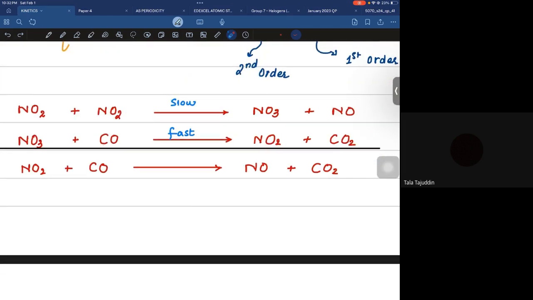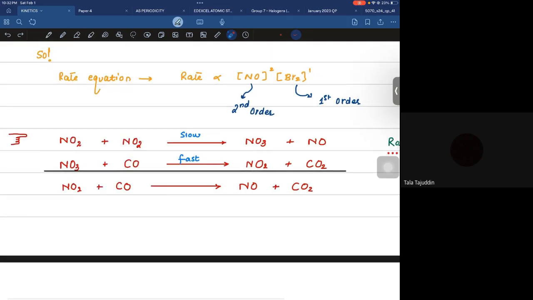After looking at the main equation, you can see this.